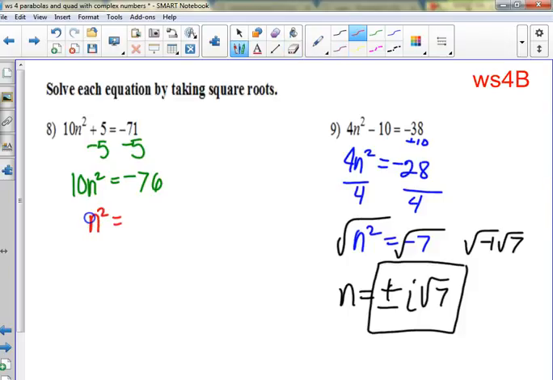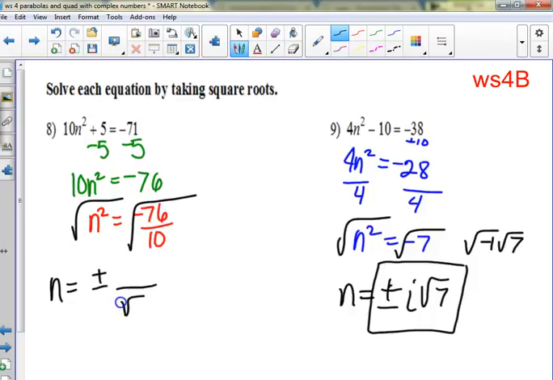We get n squared equals negative 76 over 10. We square root both sides and we get a plus or minus. Okay, the denominator is square root of 10. Up here I have the square root of negative 1 times the square root of 76. Does 4 go into 76 though?